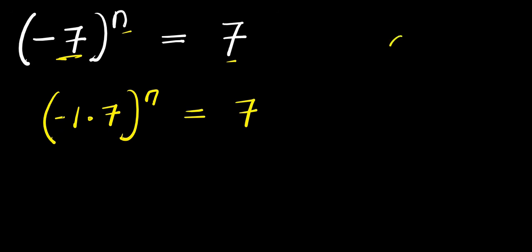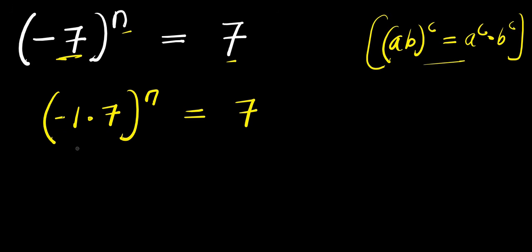Now, if you have a times b raised to the power of c, it equals a to the power c times b to the power c. Applying this right here, I have (-1)^n times 7^n equals 7.